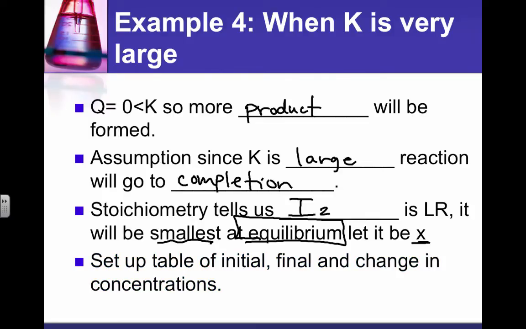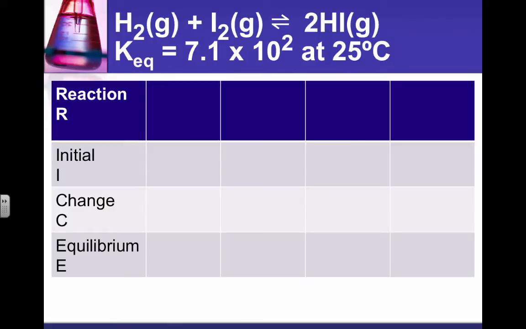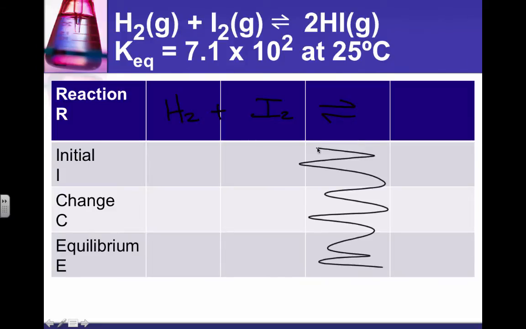So let's set up our RICE table and find out the initial, final, and changes in all of our concentrations. Let's start out by writing the reaction like we always do. Hydrogen plus iodine, and then our arrows, so we don't need this column, makes 2 HI.